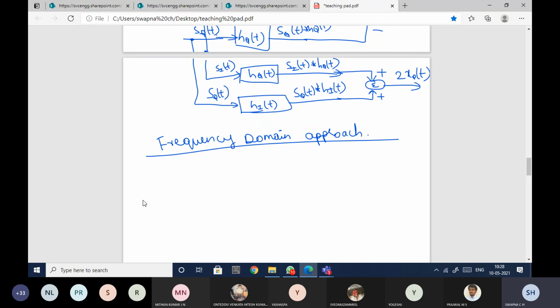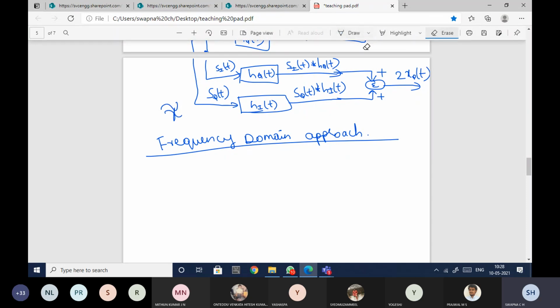Again you have different steps to find x tilde of t. To find x tilde of t, we consider the frequency domain representation: first you will find h tilde of f and s tilde of f.